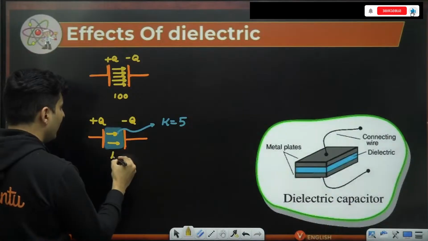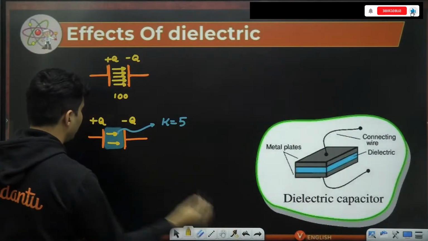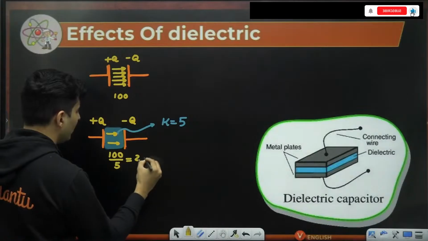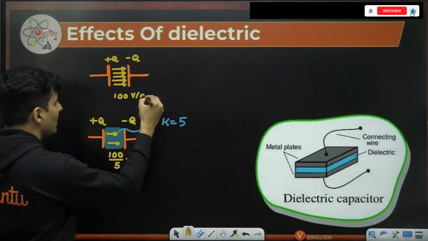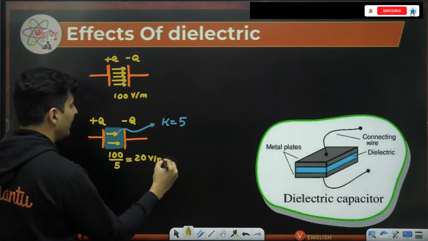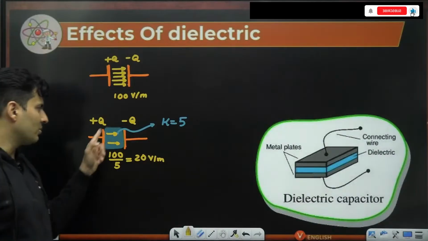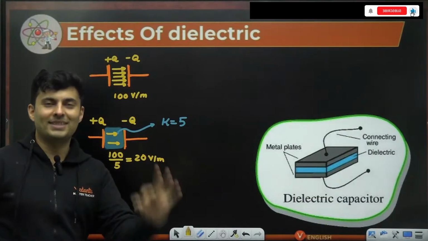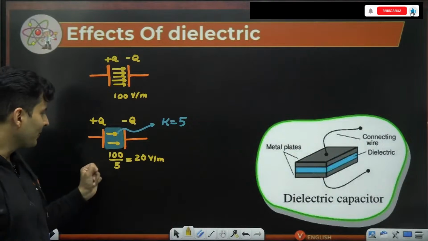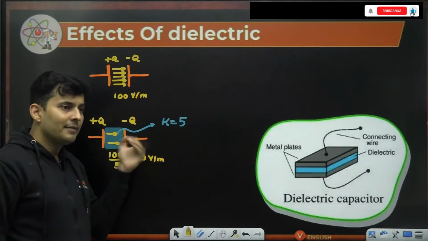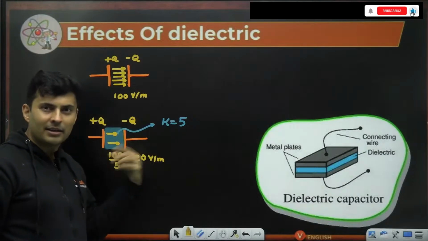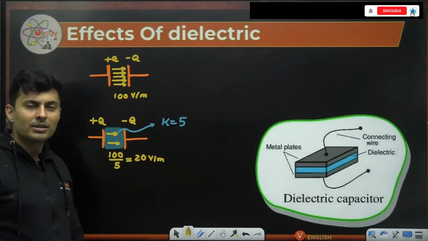In fact, the electric field will no longer be 100. The electric field will be 100 by 5, which will be 20. So earlier it was 100, now it will become 20. Why? Because that's what the dielectric medium does. So the field will try to reduce because of the medium by that factor of the dielectric constant.